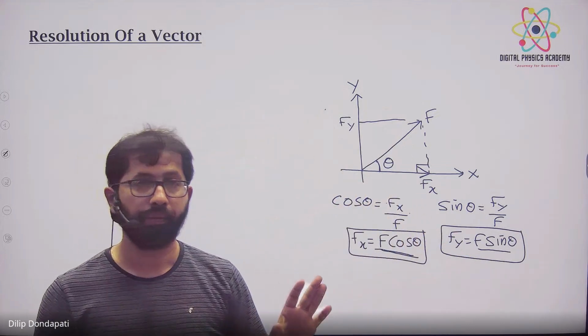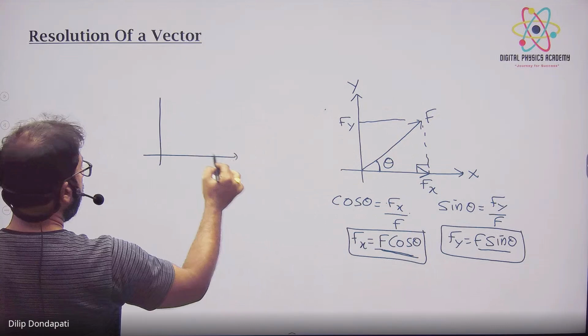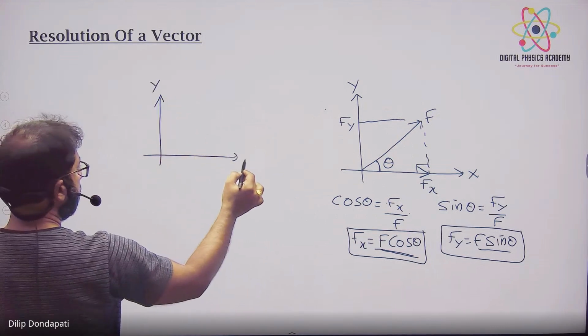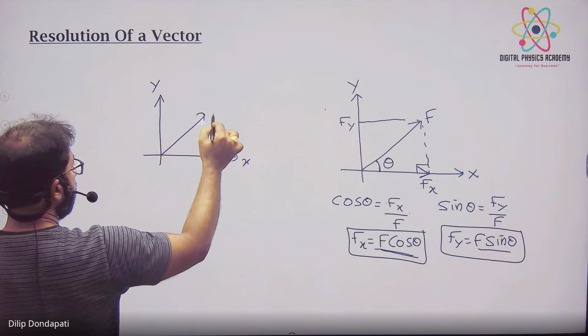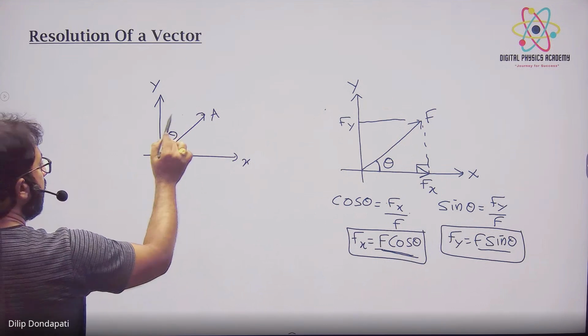Suppose there is a y axis and x axis, and a vector. Here theta is there. Tell me, which direction do I want? Ay and Ax.